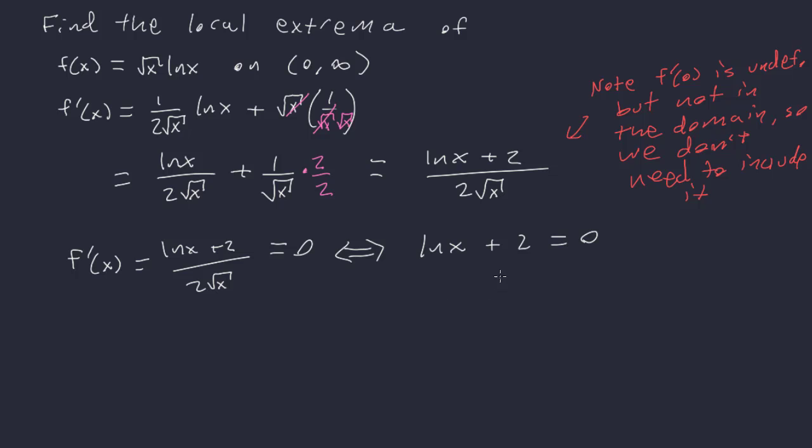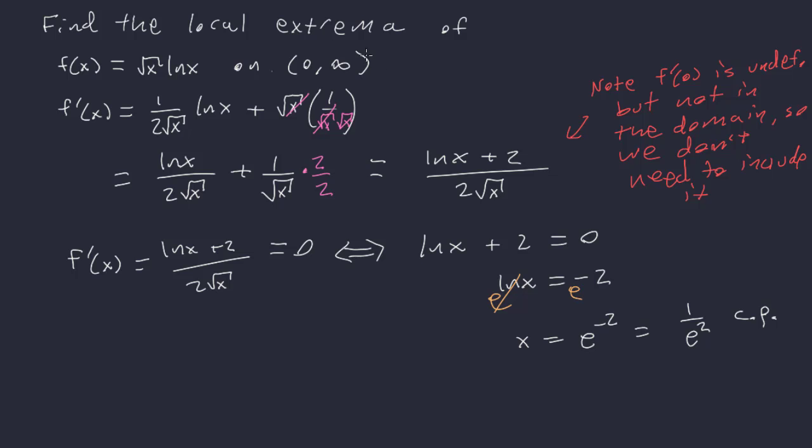Which means the natural log of x is equal to negative 2, and now this is where we bring in the e, so that x is equal to e to the negative 2, or 1 over e squared. So this is our one critical point in this interval.